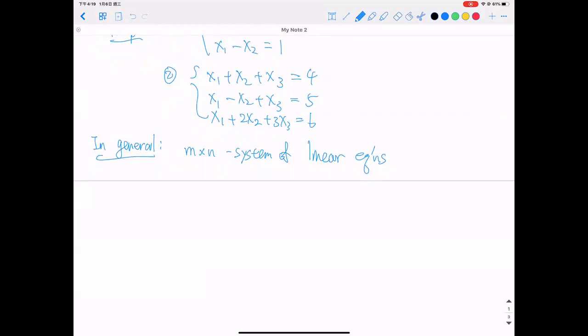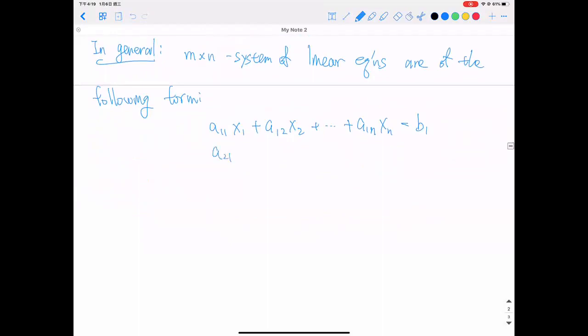An m by n system of linear equations is of the following form: a11 x1 plus a12 x2 plus ... plus a1n xn equals, say, b1.